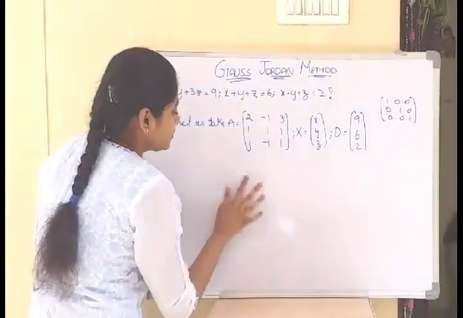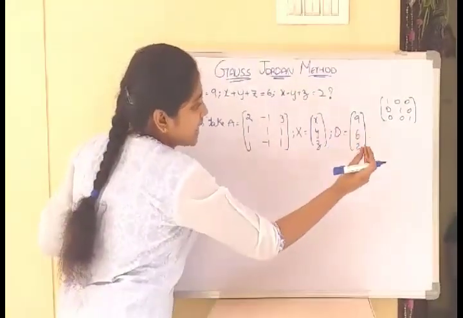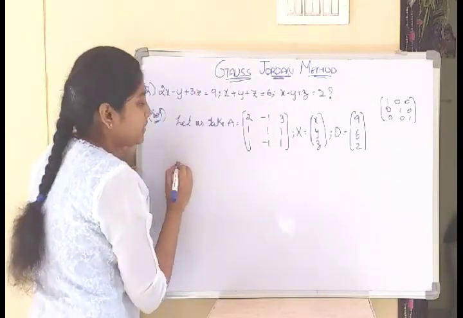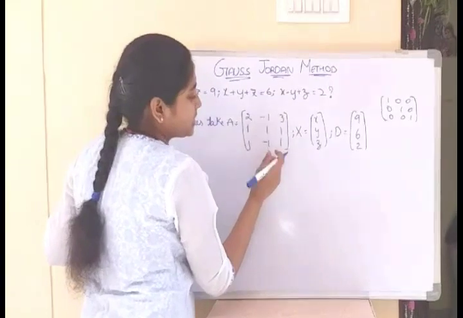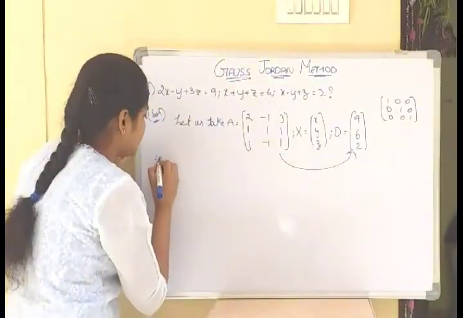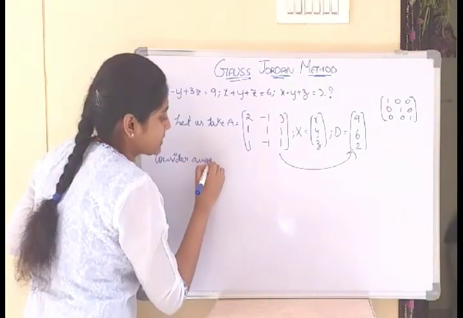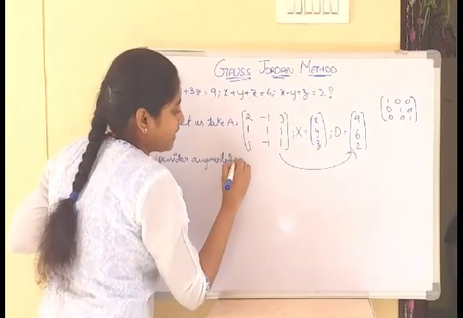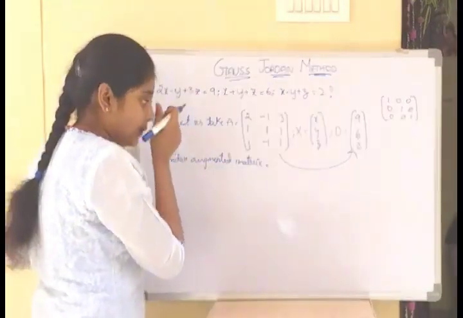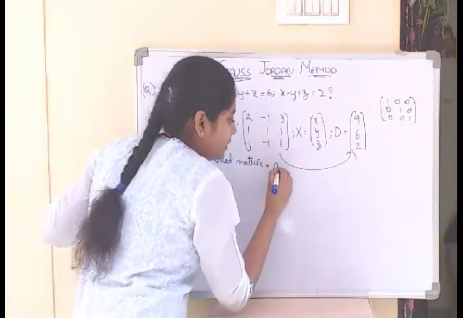Now here we will combine the A matrix and the D matrix. This combination of the matrices is called the augmented matrix. That is, consider the augmented matrix, which we write as [A | D].